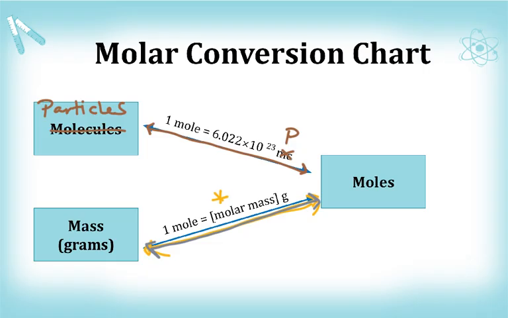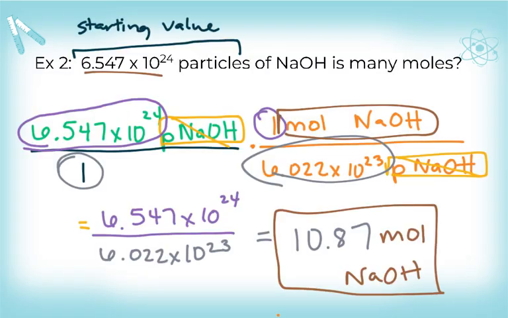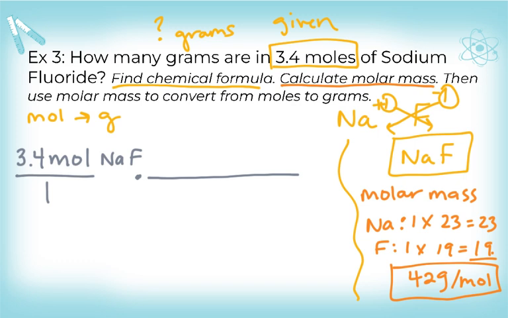So I'm starting with moles, meaning I'm going to put moles in the denominator so that those cancel. And 1 mole is equal to the molar mass. We can look back to the chart and see that conversion factor. That molar mass we found was 42 grams of NaF in 1 mole. And that's our work for showing our setup.